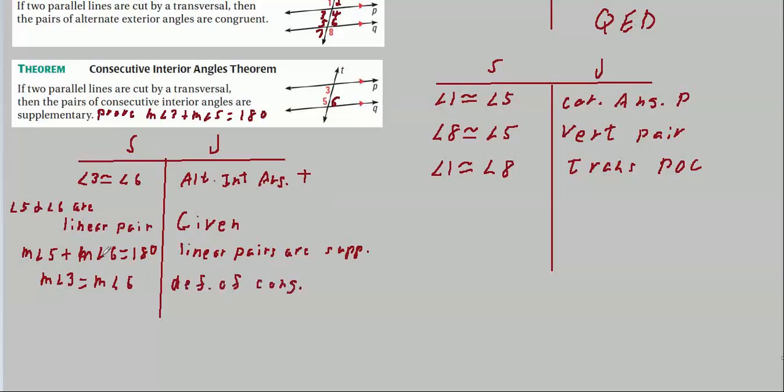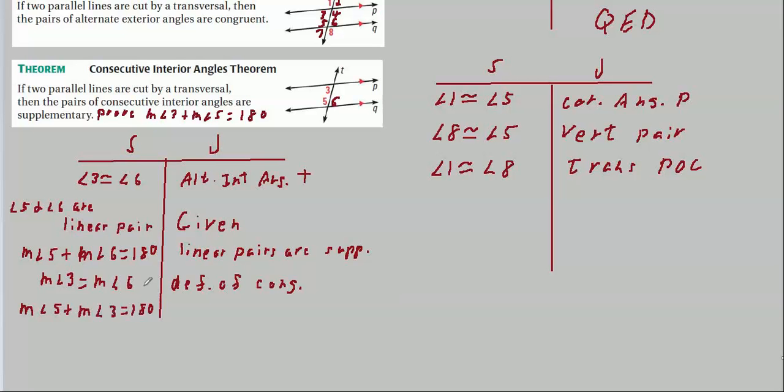Okay, if I do that, then I can write the measure of angle 5 plus the measure of angle 3 equals 180.